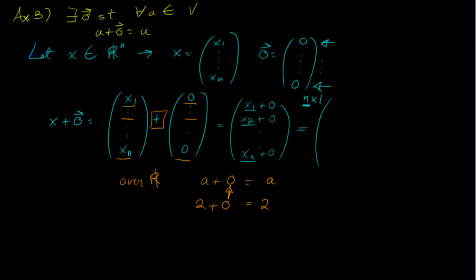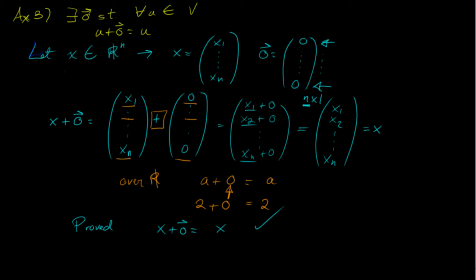So what we really get is x1, x2 through xn. At the end we just finish with x. So we've proved that x plus the zero vector is equal to x. That proves axiom 3.